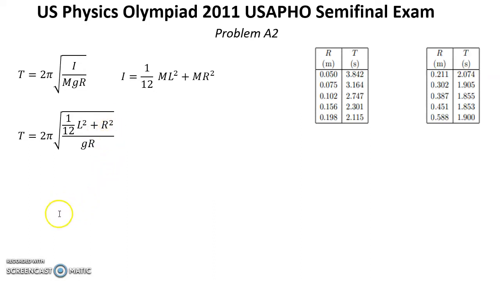linearize this formula in the form of this expression. If you look carefully at this formula, we have data for r squared, we have data for this coefficient to g, and we can represent this formula as a graph like this.